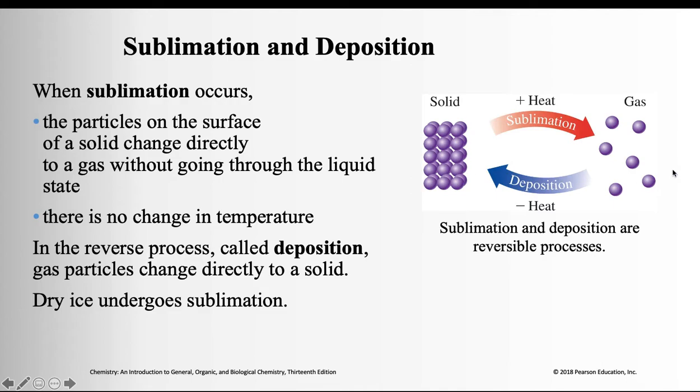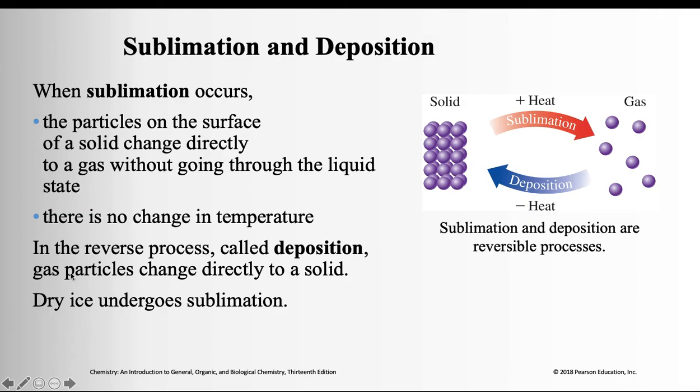The opposite process, where the gas goes directly into a solid, is called deposition, and for this process, the gas gives off heat. So these are reversible processes. In one, we add heat; in the other, we remove heat. Once again, there's no change in temperature anytime matter undergoes a physical change of state.